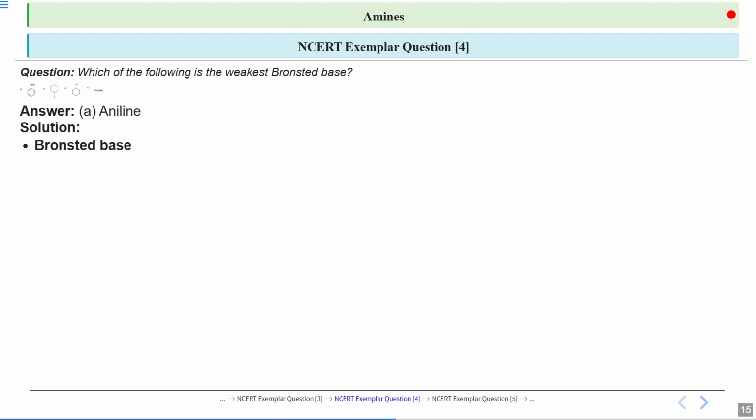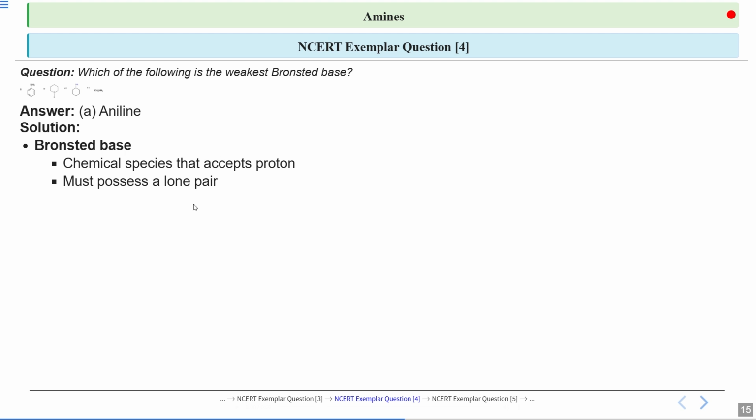So first, if we talk about Bronsted base, what is a Bronsted base? So Bronsted base is a chemical species that accepts a proton, meaning it gains a hydrogen during a reaction. Okay, so it accepts a proton. Now a compound must have a lone pair on its central atom to exhibit specific chemical behavior.